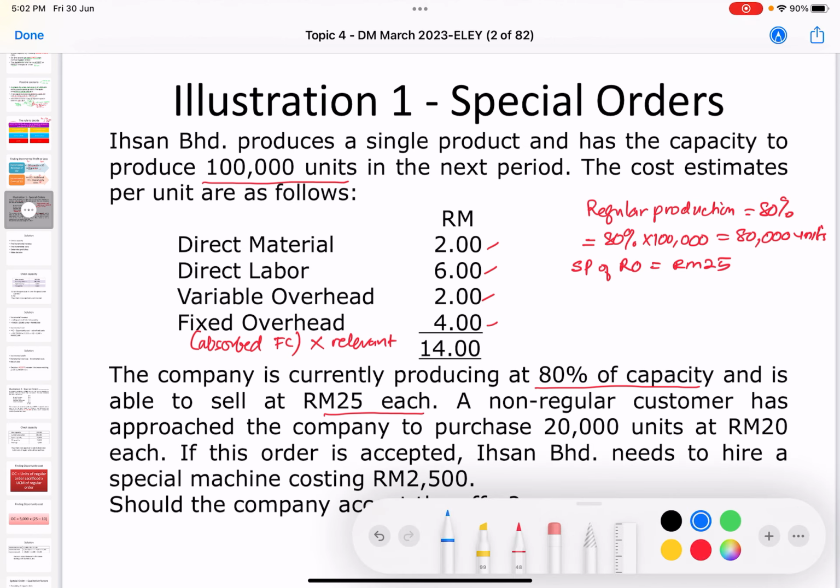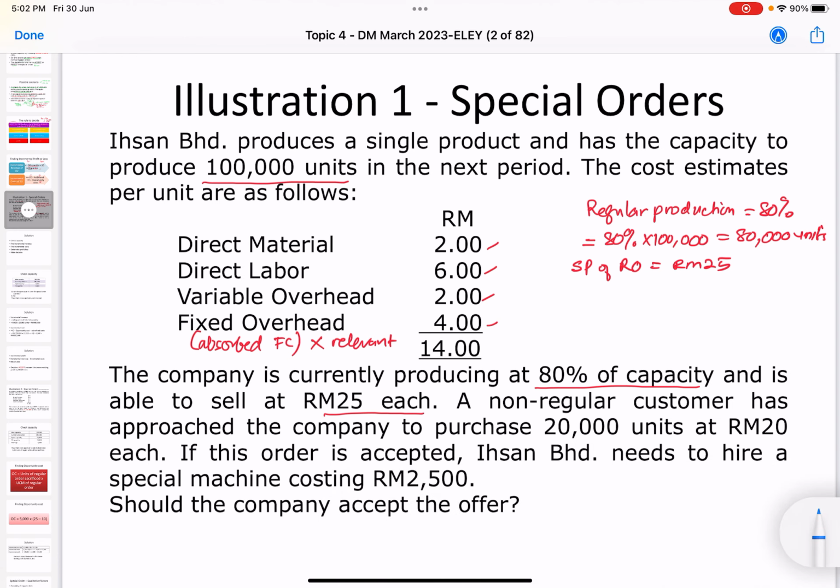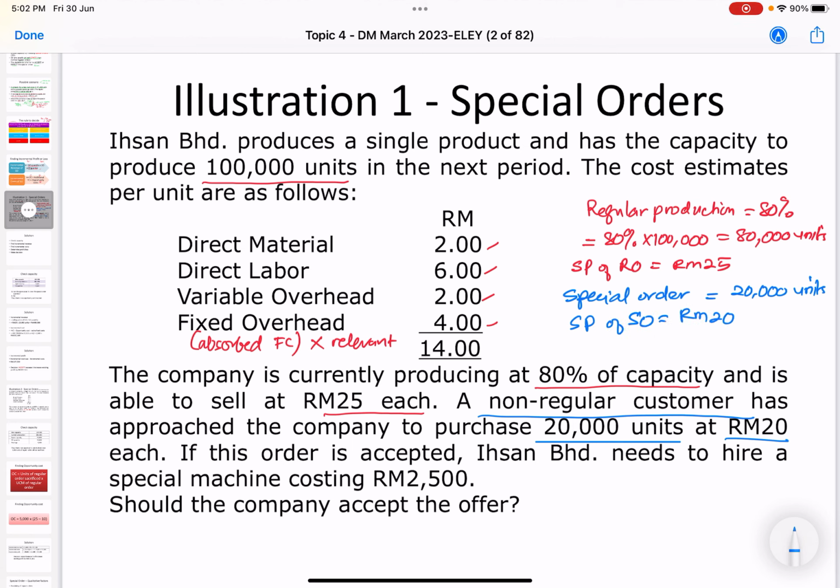Next, we have a non-regular customer approaching the company to purchase 20,000 units at 20 ringgit. That means a special order: they want 20,000 units and the selling price of the special order is RM20. It is normal to find that it is lower than the regular order.